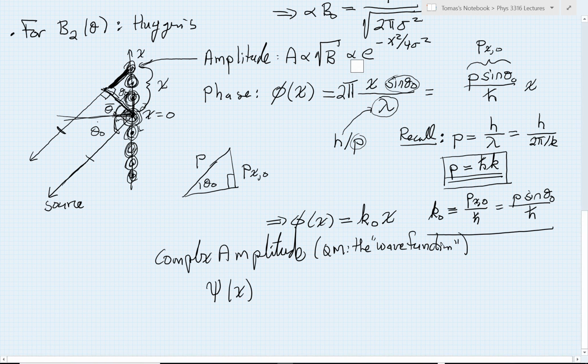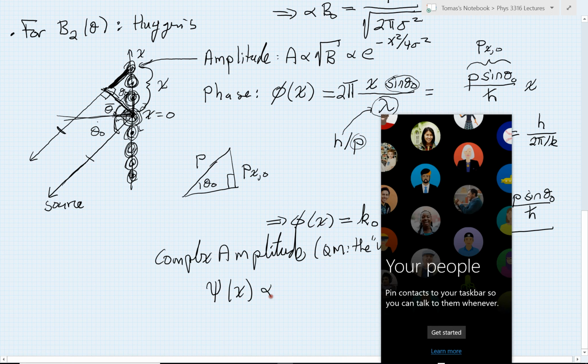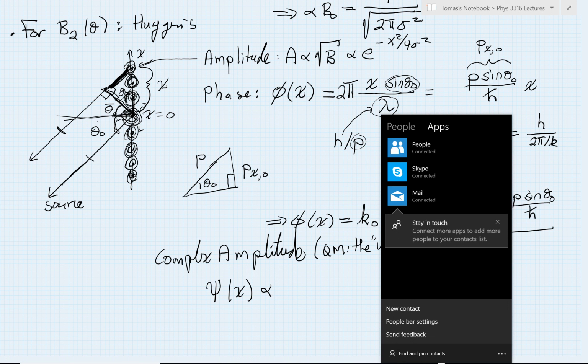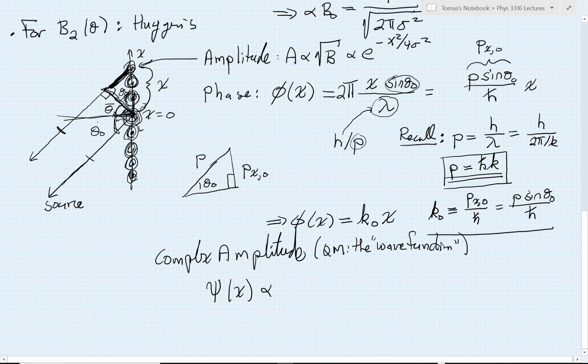The amplitude we know is proportional to this factor, so I'll write it as a proportionality constant. There's a proportionality constant we will deal with in a moment. Then I have the amplitude is e to the minus x squared over 4 sigma squared. Let me actually write what I'm doing. So this complex amplitude is equal to the actual amplitude times the phase.